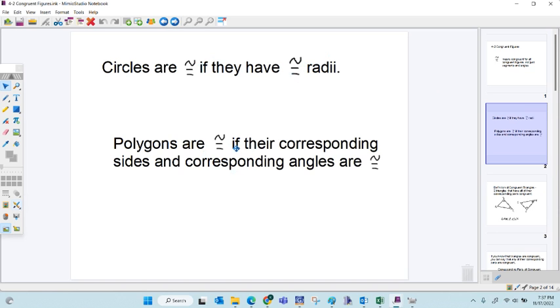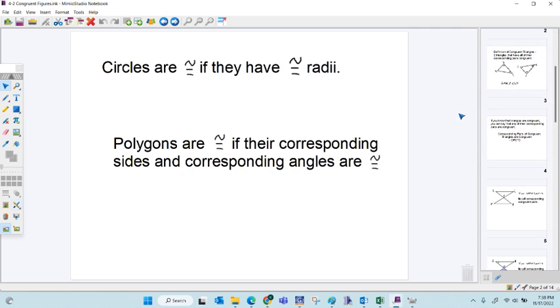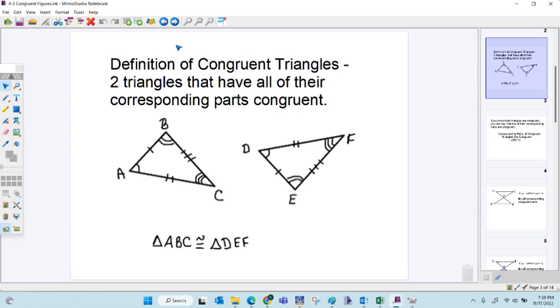Polygons are congruent if their corresponding sides are congruent and their corresponding angles are also congruent. As I said, we're jumping in and really focusing on triangles right now, so the rest of the lesson is specific to triangles. I want to define congruent triangles very specifically.